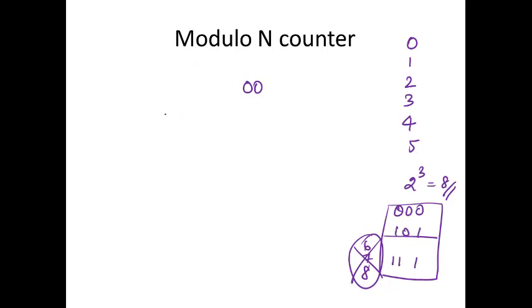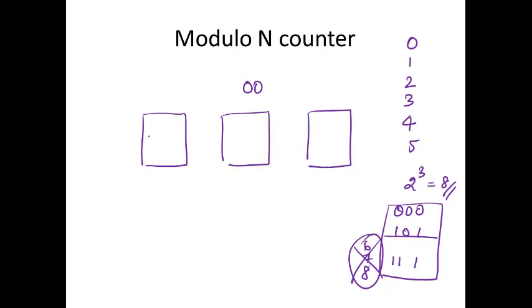How to stop this? So we need 3 flip flops for 3 bits. So let me take 3 flip flops here. I will be having a clock for all the flip flops. Either I can use a T or JK flip flop for the ripple counter.